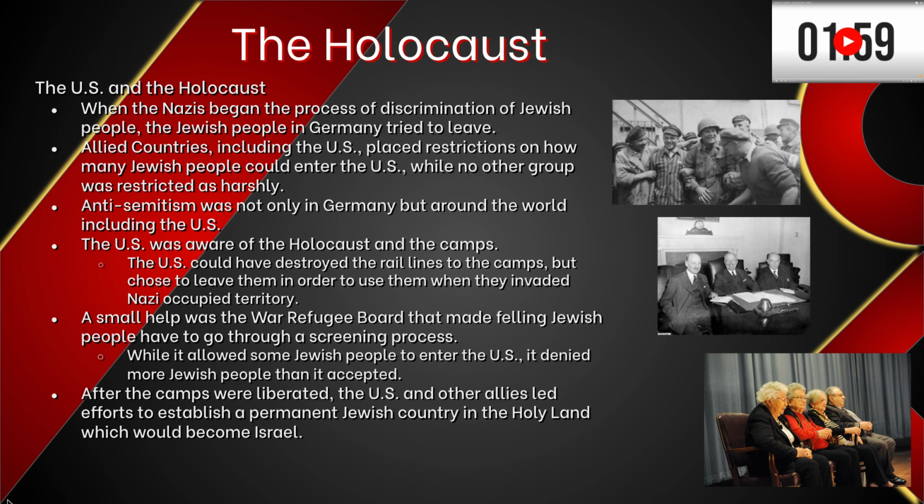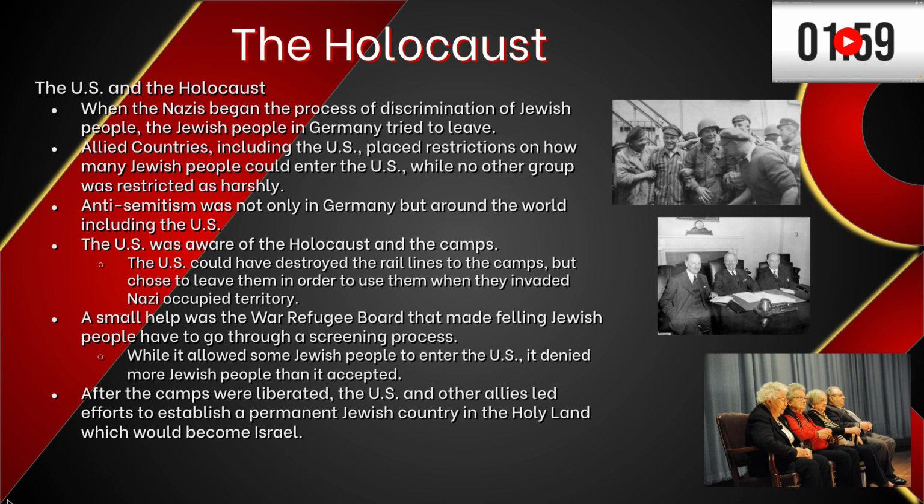And part of that happened because the United States and other Allied countries, so Great Britain, Canada, and even the Soviet Union, put restrictions not just on immigrants, but on Jewish people immigrating into the United States.